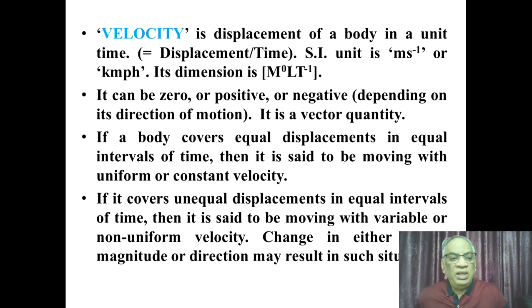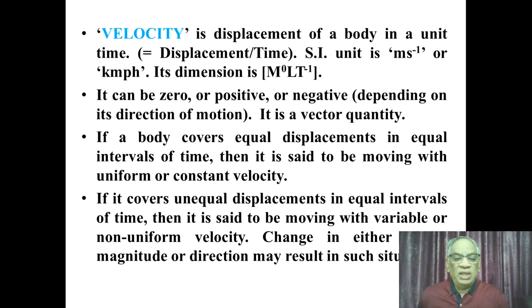Now coming to velocity, velocity is the displacement of a body in a given unit of time. So that is displacement by time. Same as speed, the units are meters per second or kilometers per hour, and dimension is M0 L T minus 1. It can be 0 or positive or negative depending on the direction of motion of the body. It is also a vector quantity. If a body covers equal displacements in equal intervals of time, then it is said to be moving with uniform or constant velocity.